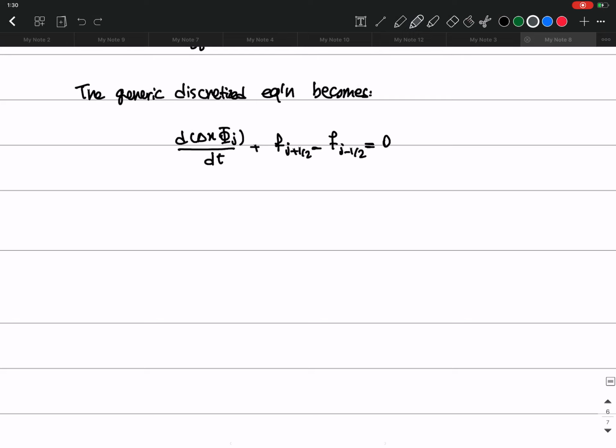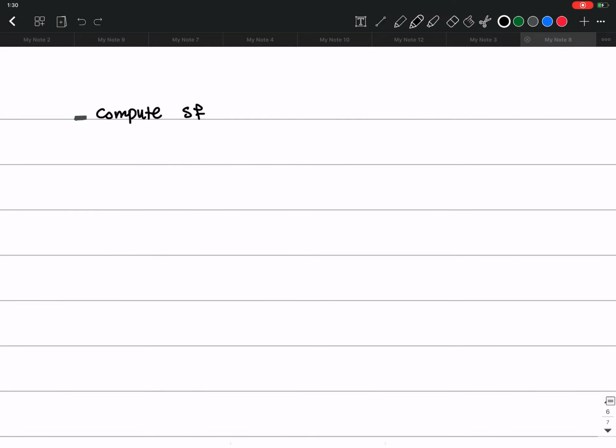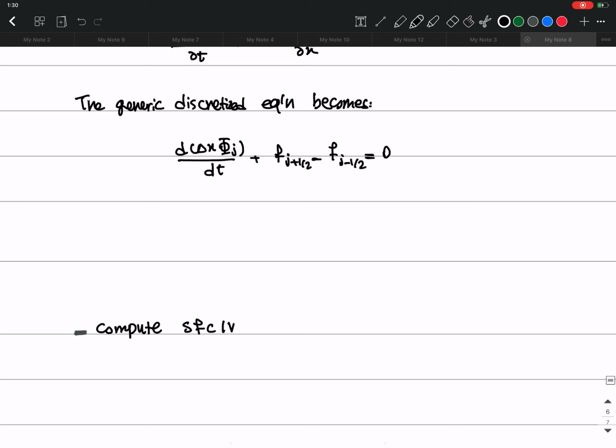Let me write it this way: compute surface and volume integrals as a function of phi within the CV.